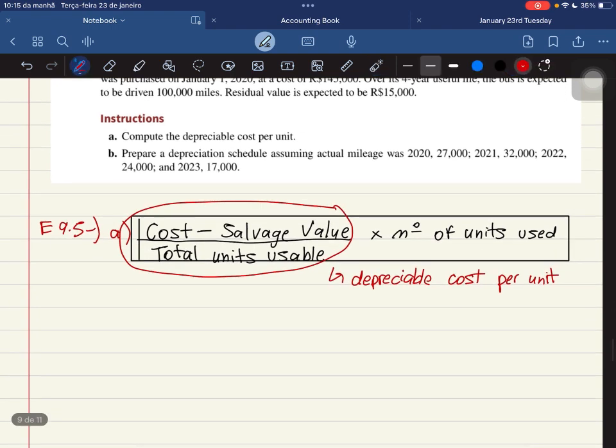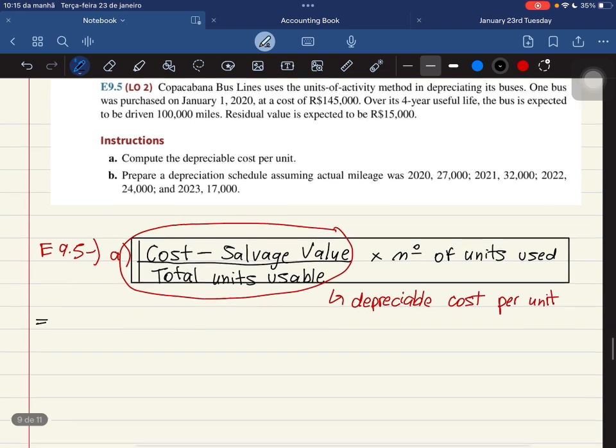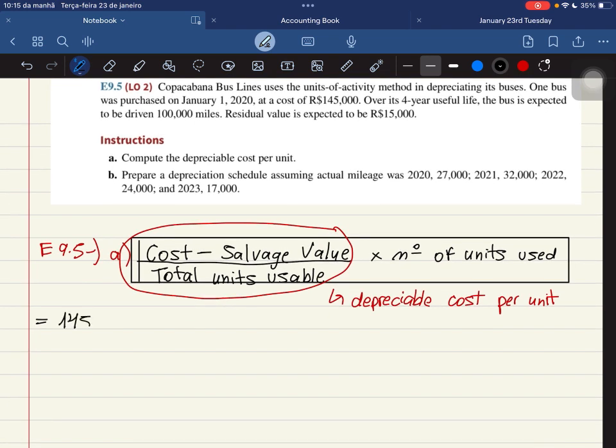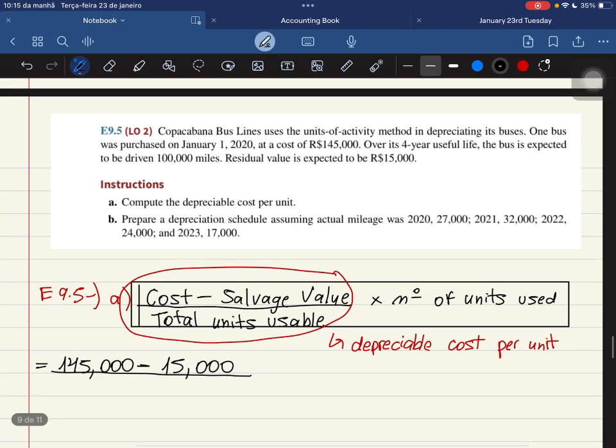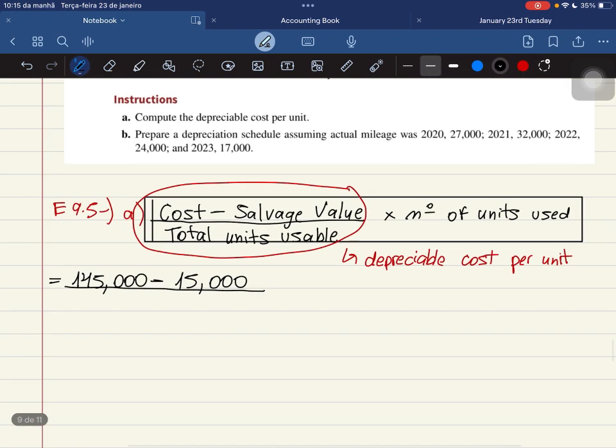All right, so let's take a look at the values that we have. The original cost was 155,000 reais minus the residual value or salvage value. It is the same thing, 15,000 reais, divided by the total units that can be used. In this case, we would have 100,000 miles.